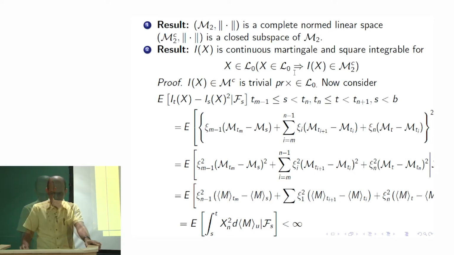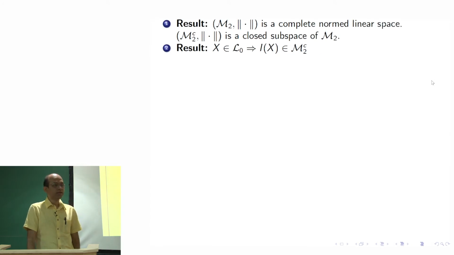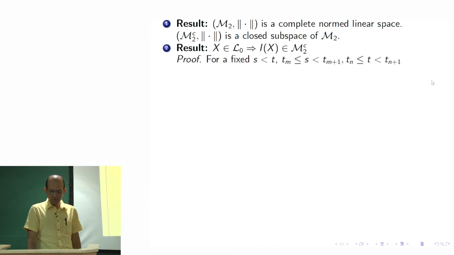Here we have seen that the integration of x, where x is a simple process, is a continuous square integrable Martingale, and we need to prove that the stochastic integration of x with respect to a square integrable Martingale is itself a square integrable Martingale with continuous paths.